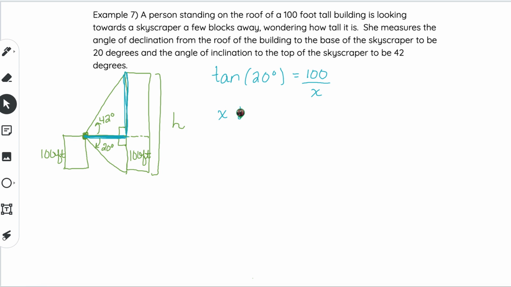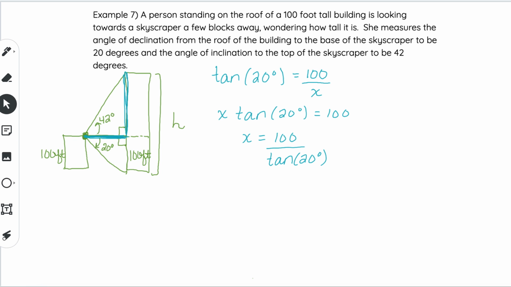Multiplying both sides by x, and then dividing, this side is going to be equal to 100 over tangent of 20 degrees. We know we're going to get a decimal, friends, so don't leave this in its exact value, will you? Don't turn this into a decimal, because then you're rounding here and you're rounding in another step. So you're rounding twice, which can affect the overall value.